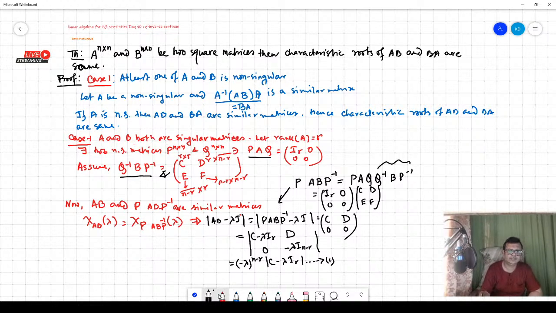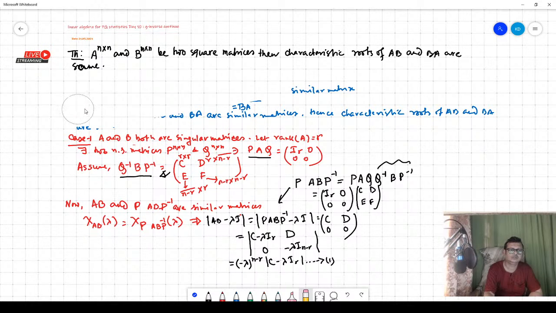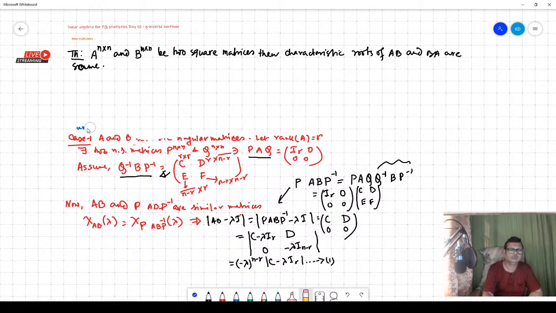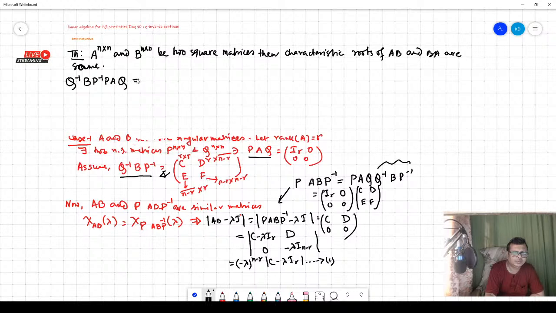Again, Q inverse BP inverse times PAQ equals Q inverse BAQ, and BA and Q inverse BAQ are similar matrices.